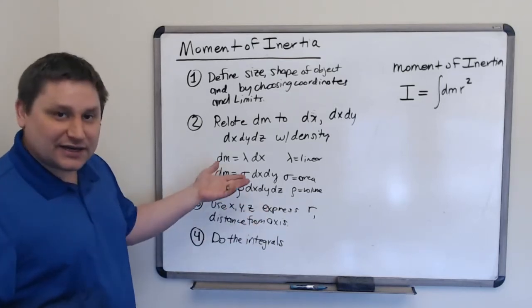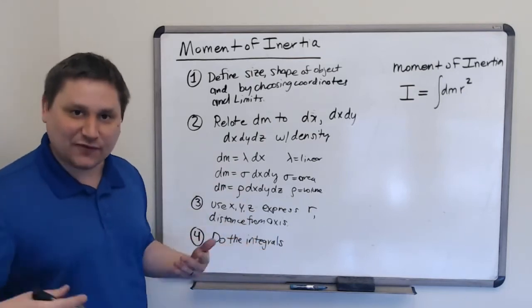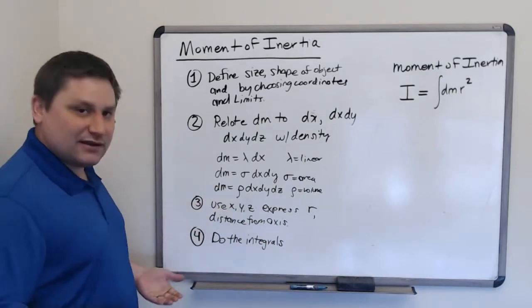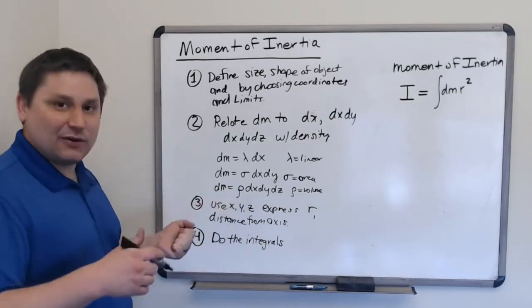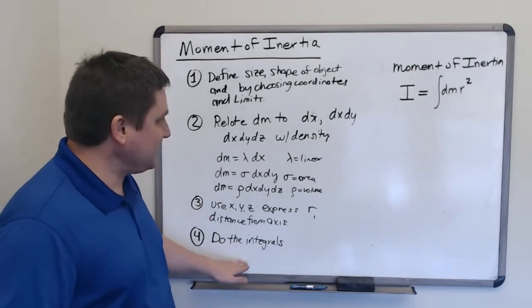Constant linear mass densities, constant mass densities. You can even look these up in tables for various metals and materials. So the density is usually a constant that can be taken outside of the integral. So that's kind of easy.